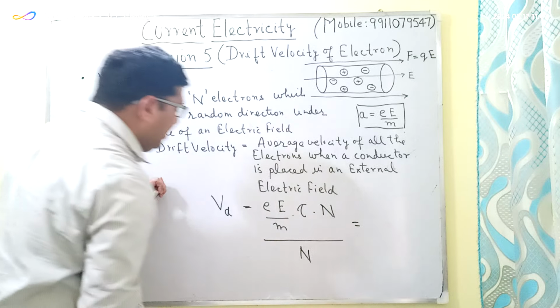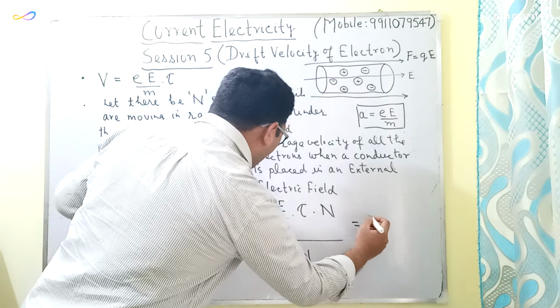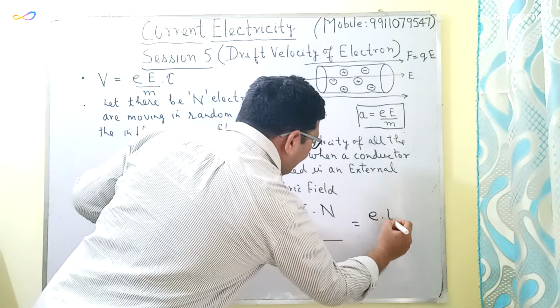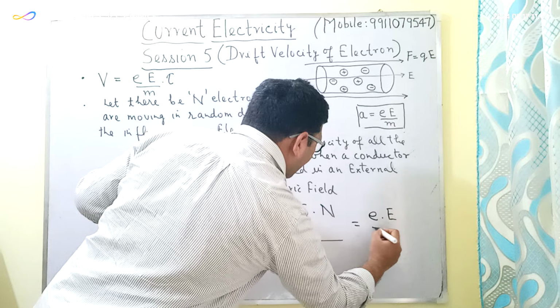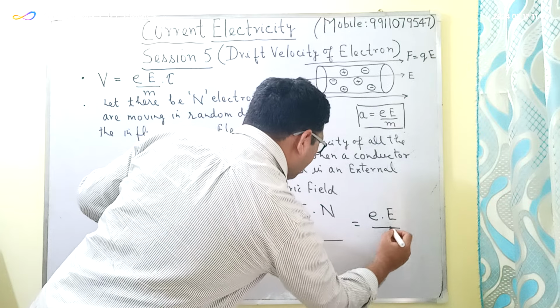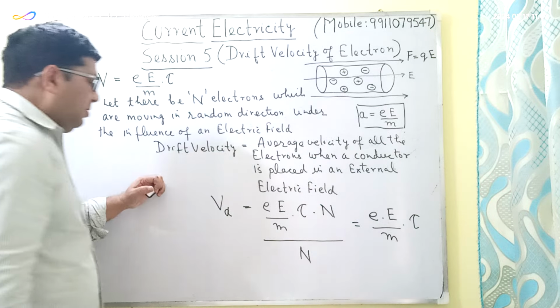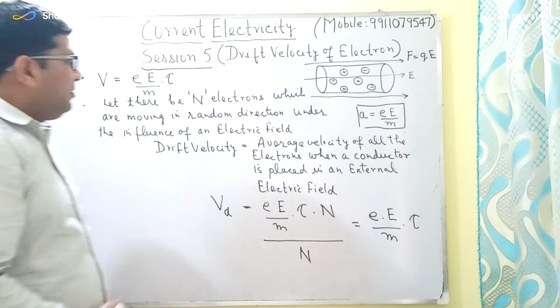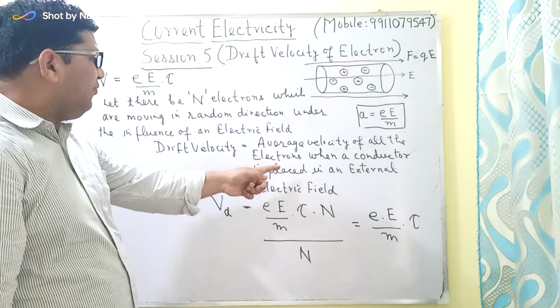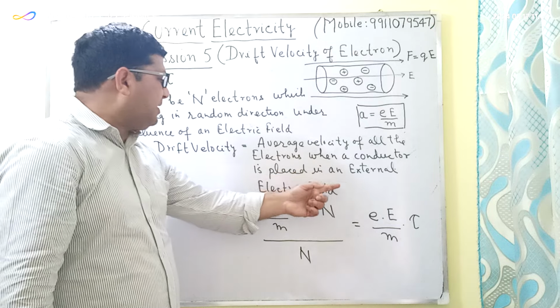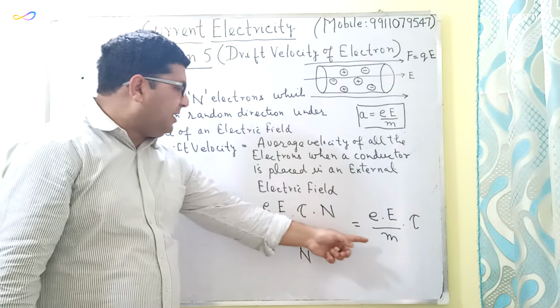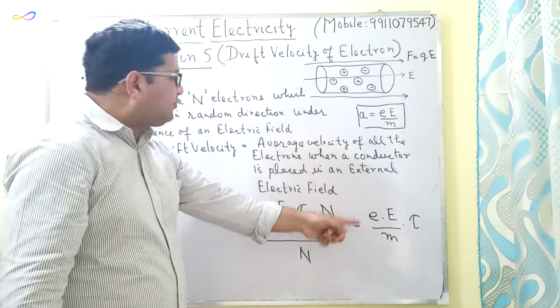So finally we get the drift velocity formula as Vd = eE/m into tau. This is the drift velocity of an electron when a conductor is placed in an external electric field.